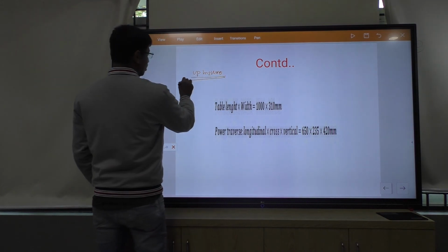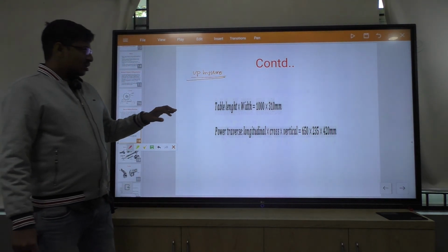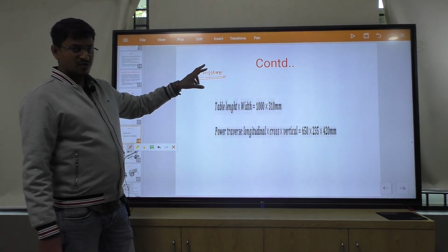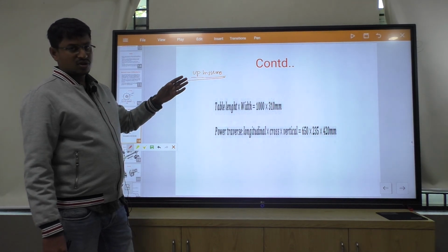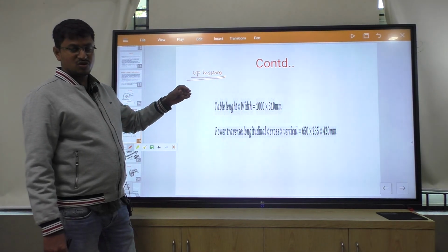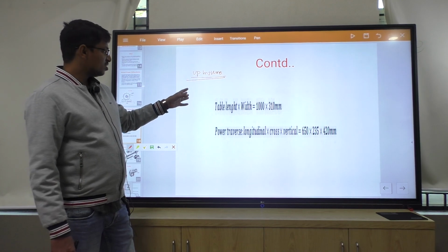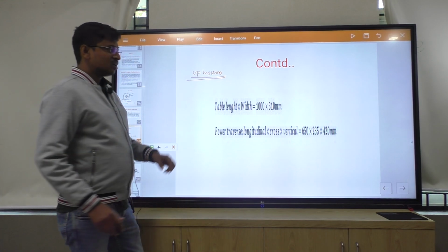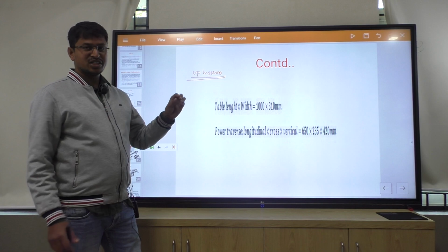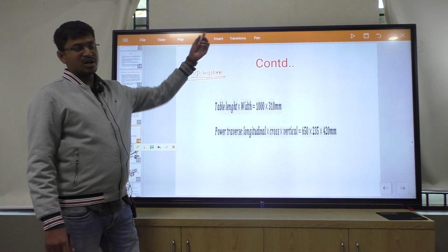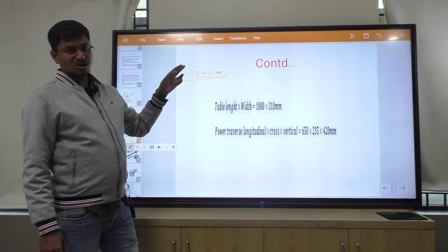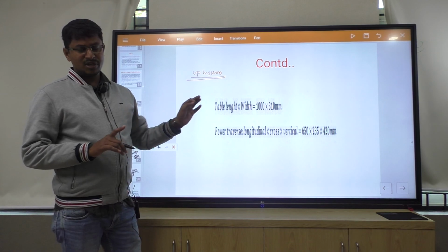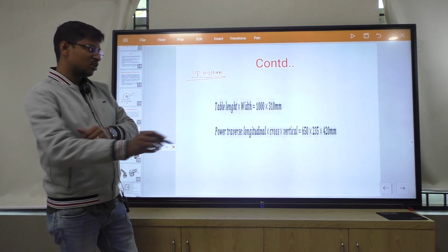What do you mean by up milling? As per the working principle of the milling machine, we feed the workpiece against a multi-point milling cutter. In up milling, or conventional milling, the workpiece feed direction and the cutter direction are opposite.